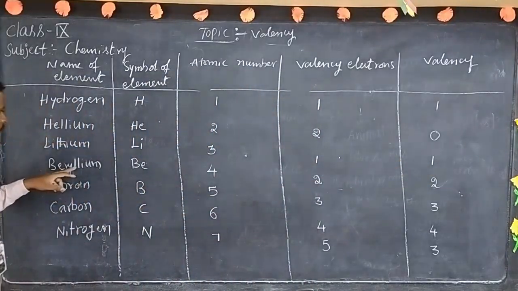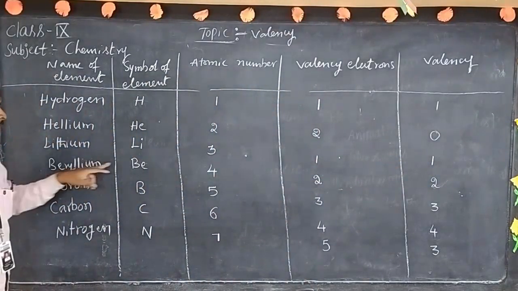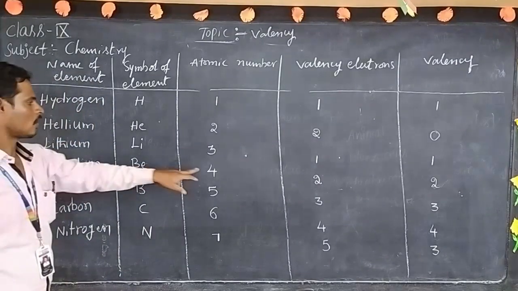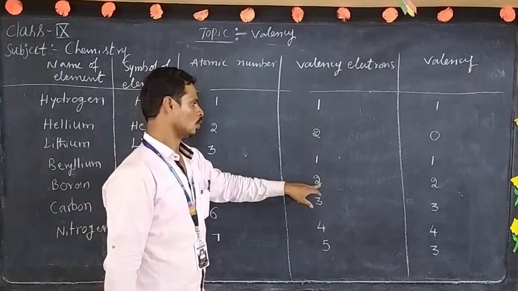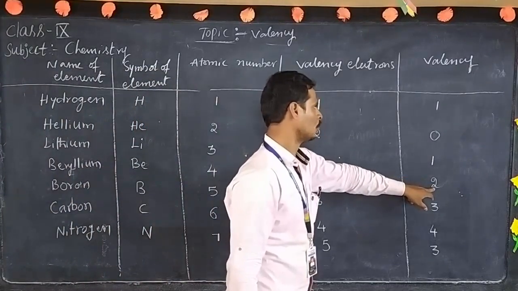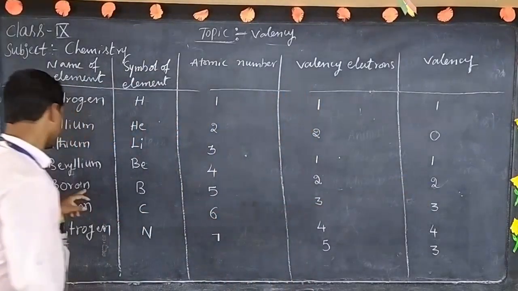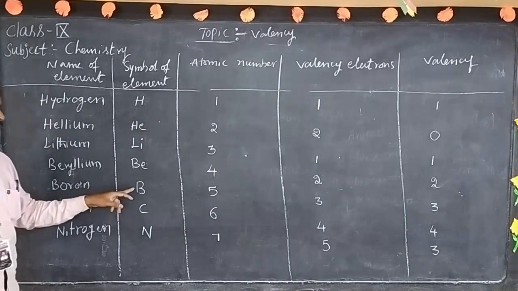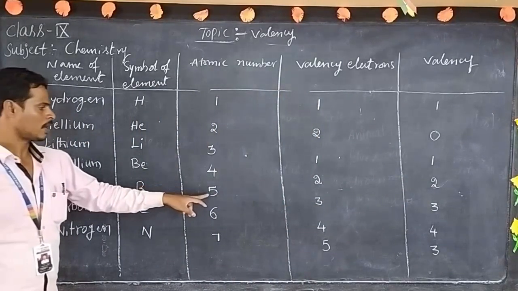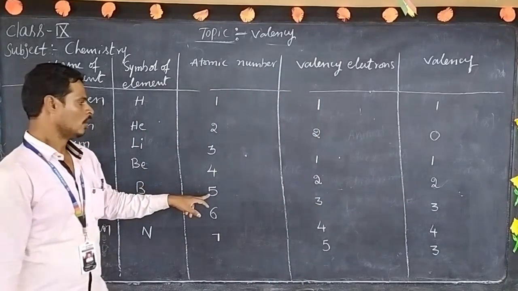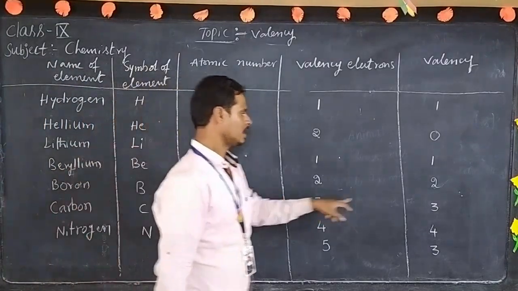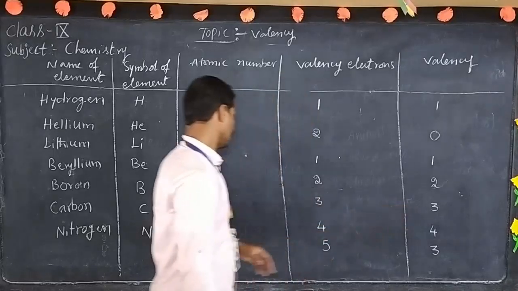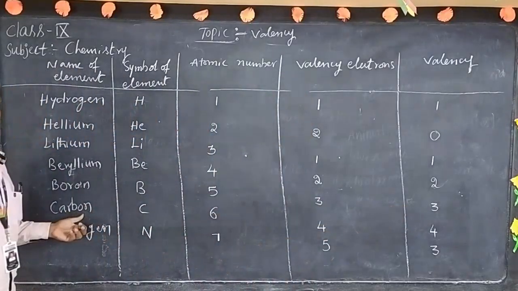Next, beryllium. Beryllium symbol Be. Atomic number 4. Valence electrons 2. Valency 2. Next, boron. Symbol of boron is B. Atomic number of boron is 5. Valence electrons present in boron 3. Valency of boron is 3. Next, carbon.